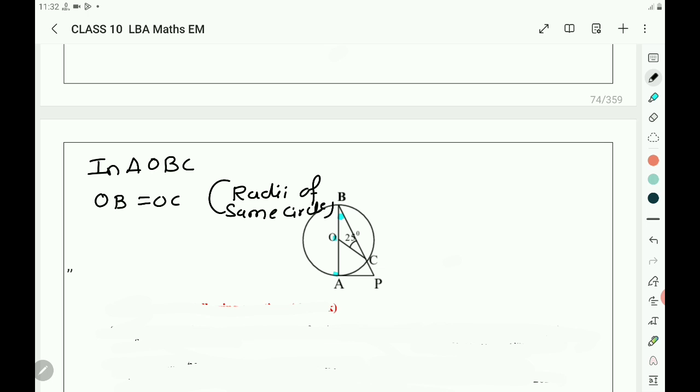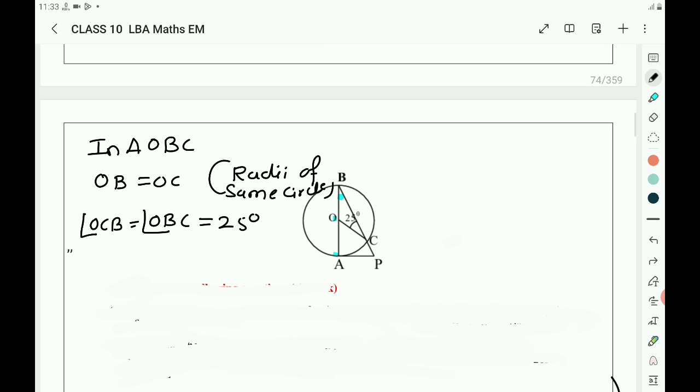Then angle OCB equals angle OBC, both are equal to 25 degrees. Here OCB is 25 degrees, means OBC is also 25 degrees. They are the angles opposite to equal sides. That is the concept you learned in 9th standard. In a triangle, if two sides are equal, then the angles opposite to the equal sides are equal.